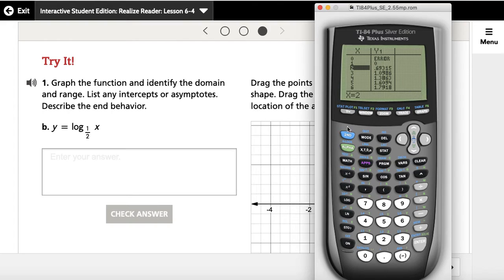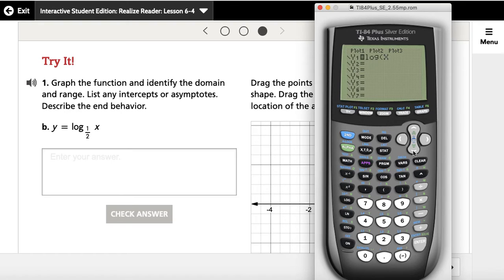All right, I'm going to type in for y equals. Now, if you just type in log, the base is 10. I don't want the base to be 10. I need the base to be a half. I could type in 1/2 to the x power and then do the inverse of it.